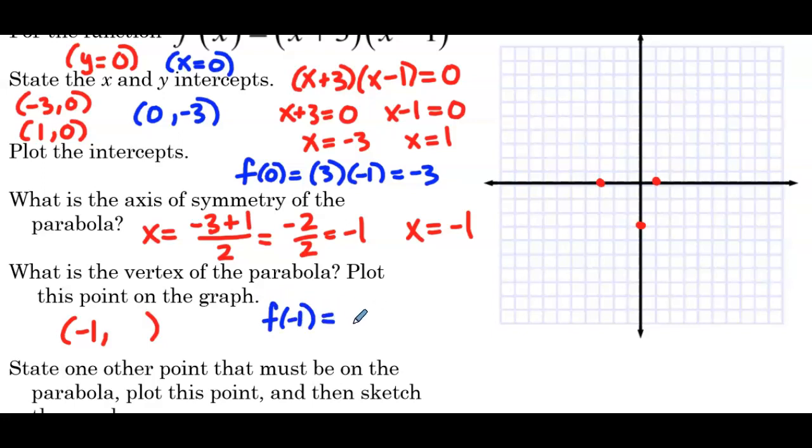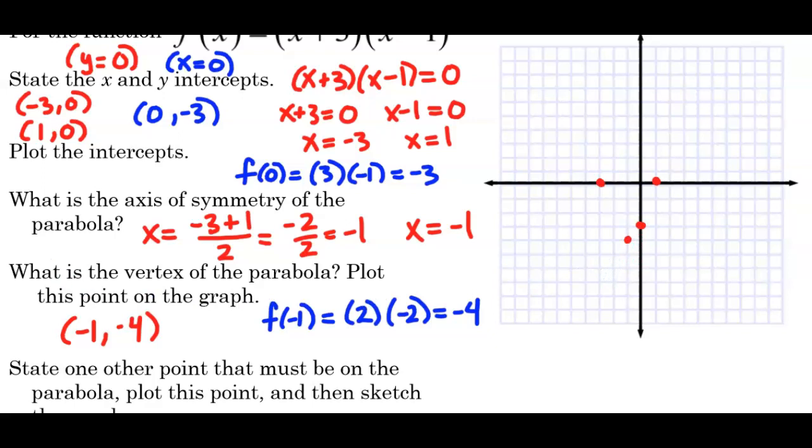Negative 1 plus 3 is 2, negative 1 minus 1 is negative 2. The product of 2 and negative 2 is negative 4. So the vertex is the point negative 1, negative 4. So we plot the vertex.